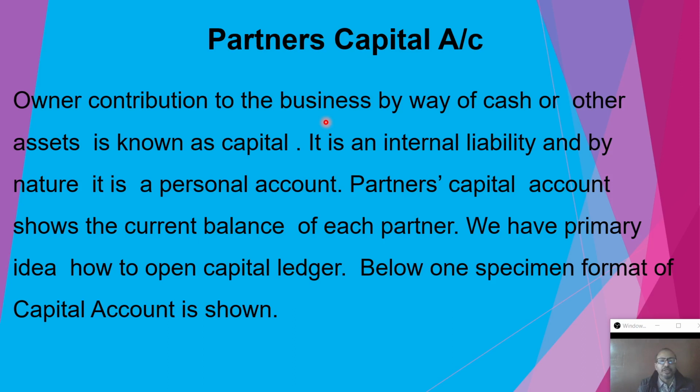And we know the primary journal entry: cash account debit, bank account debit, or any other asset account debit to the respective partner's capital account. They are part of class 11, that is owner contribution to the business. But here, related to a partnership business, we have to consider it on that basis. We will use the columnar method to open the partner's capital account because more than one partner is there together.